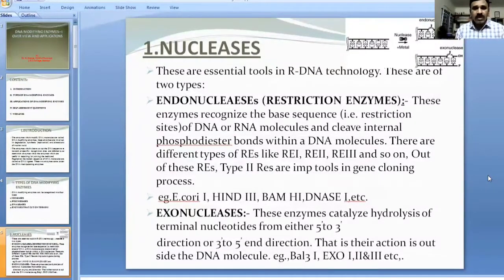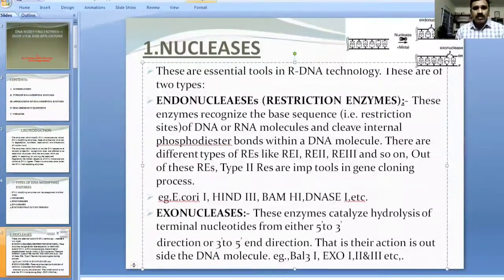they recognize the base sequence and cleave internal phosphodiester bonds within a DNA molecule. So these endonucleases can cut inside the DNA molecule. Hence they are called endo. Endo means internal cleavage or internal cutting of the DNA sequence.